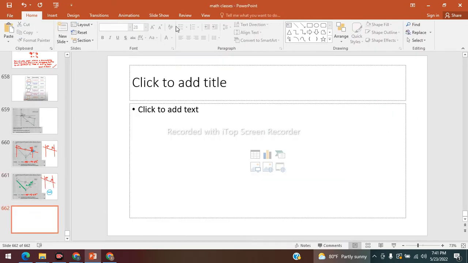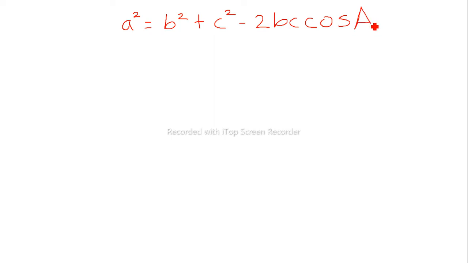I don't know it. Let's see. Let me get my calculator. Is it a squared equals b squared plus c squared minus 2bc cos A?